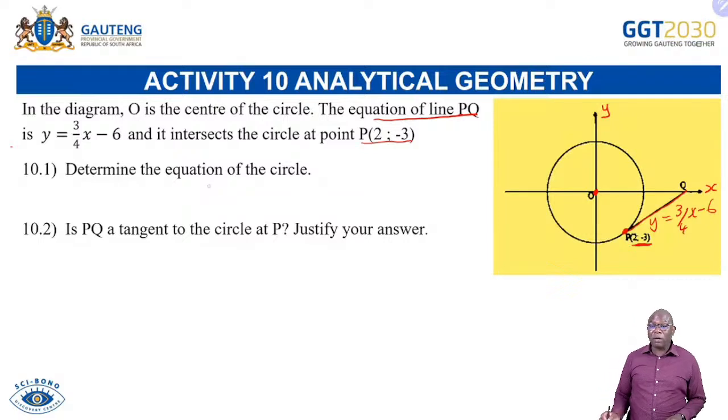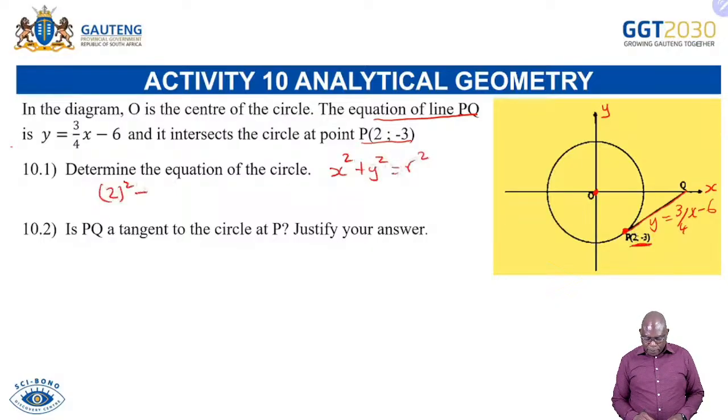Determine the equation of the circle. Obviously this point is on the circle, so we can determine the equation of the circle. The formula is x squared plus y squared equals r squared. Then I substitute: 2 squared plus negative 3 squared equals r squared.